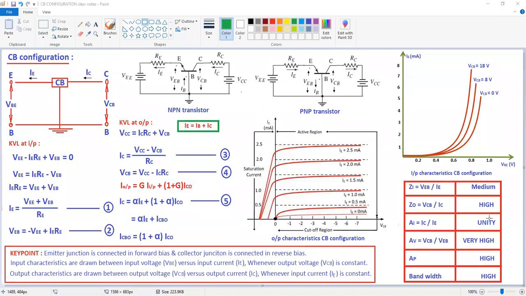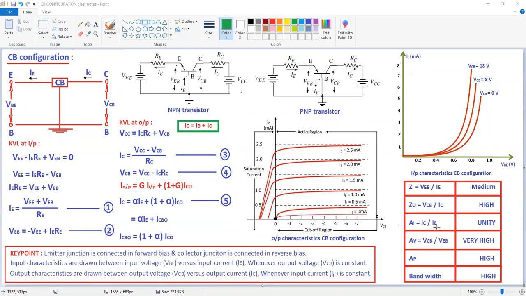Input impedance is medium. Whereas for current gain, gain is always defined as the ratio of output to input. So it is output current to input current: the output current is IC, the input current is IE. So it is IC by IE.